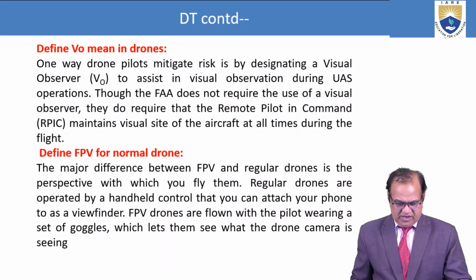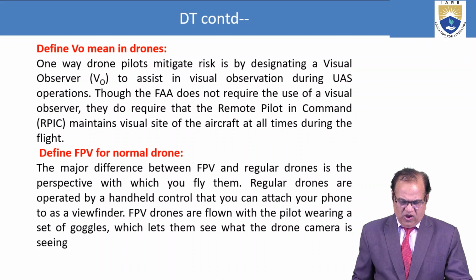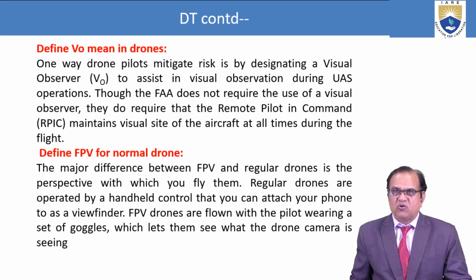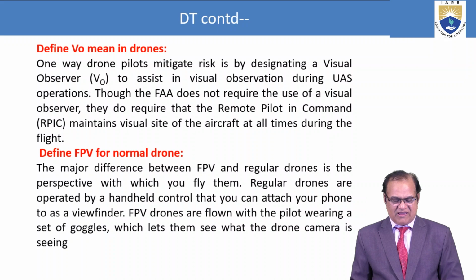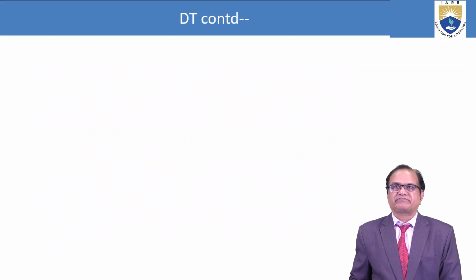Regular drones are operated by a handheld control that you can attach your phone to as a viewfinder. FPV drones are flown with the pilot wearing a set of goggles which let them see what the drone camera is seeing.